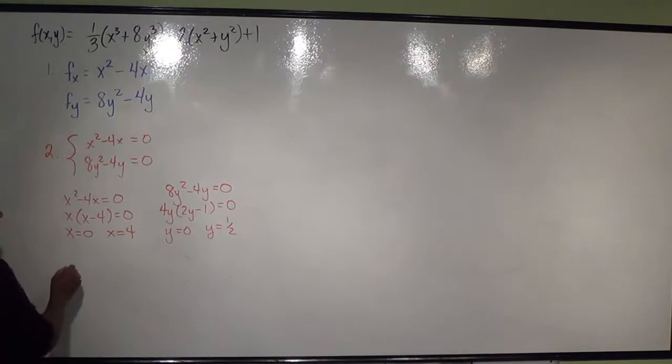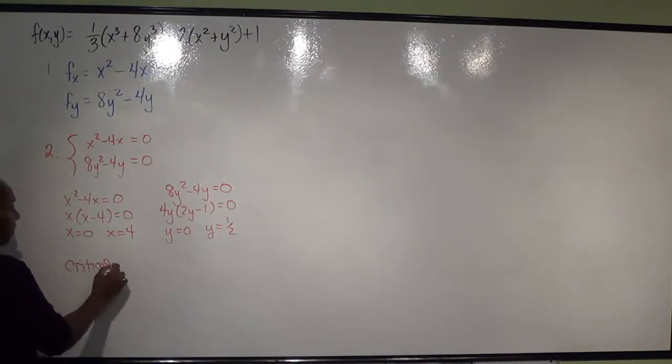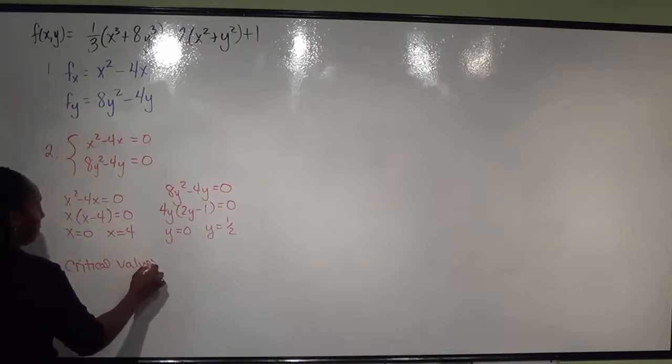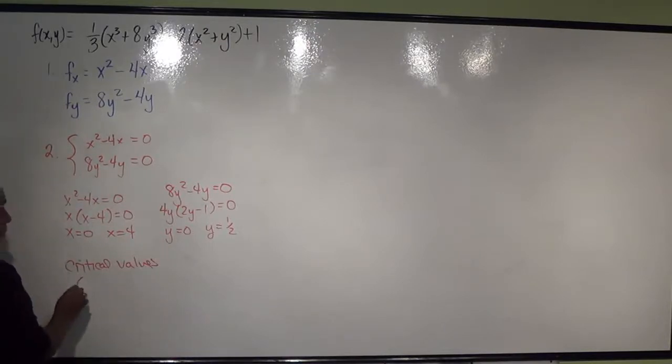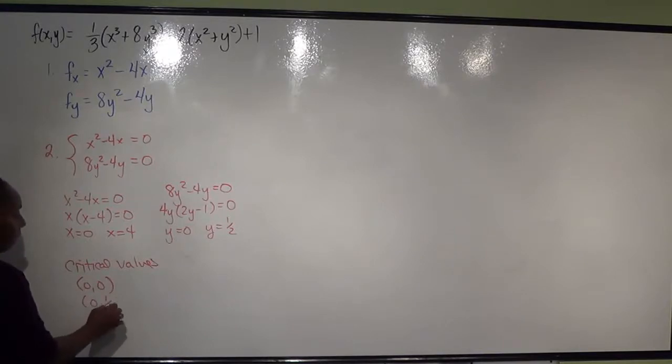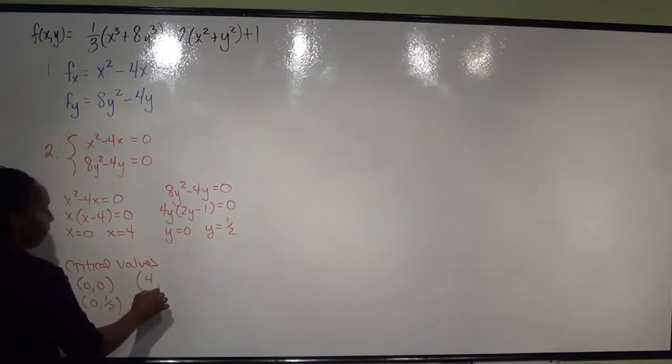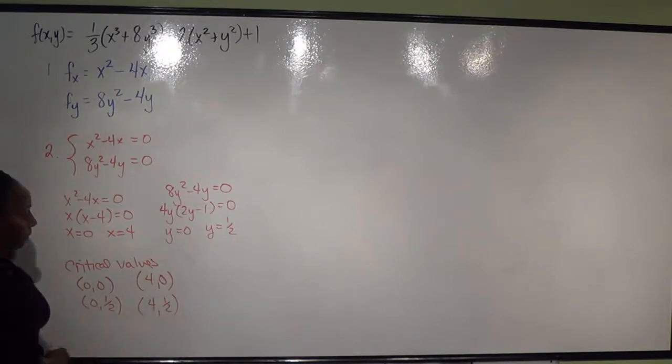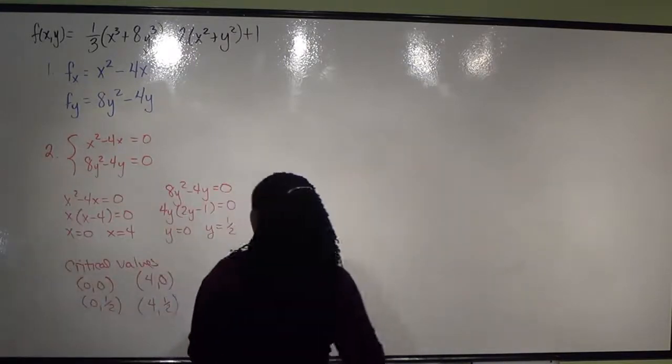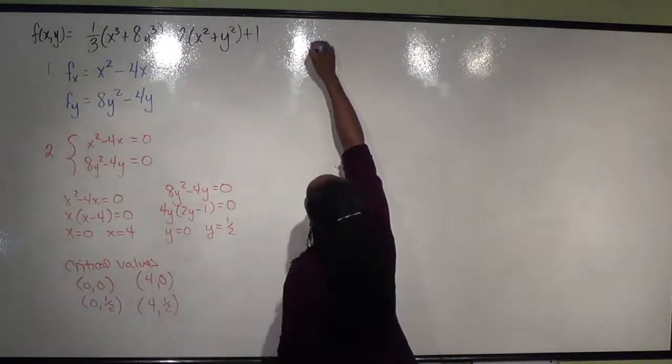So here, excuse me, my critical values, I actually have 4 of them. I'm going to have 0, 0; 0, 1/2; 4, 0; and 4, 1/2. Okay.